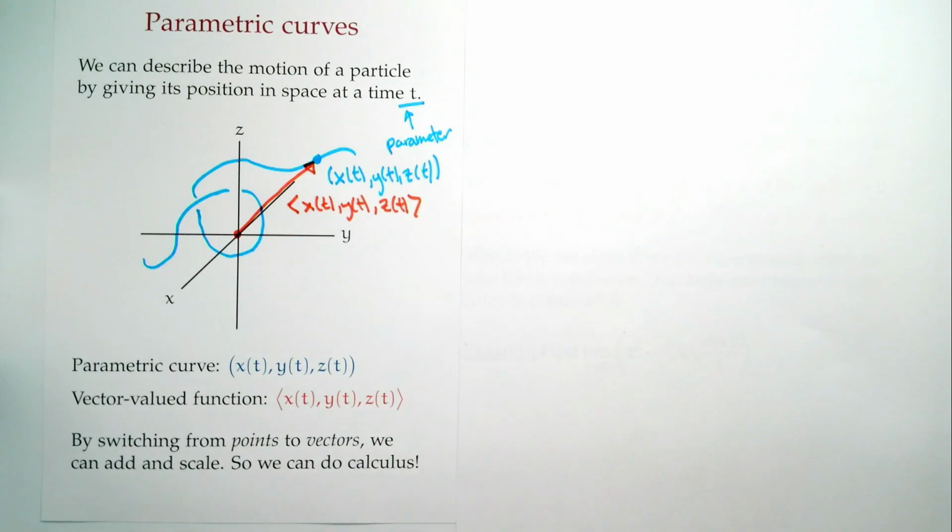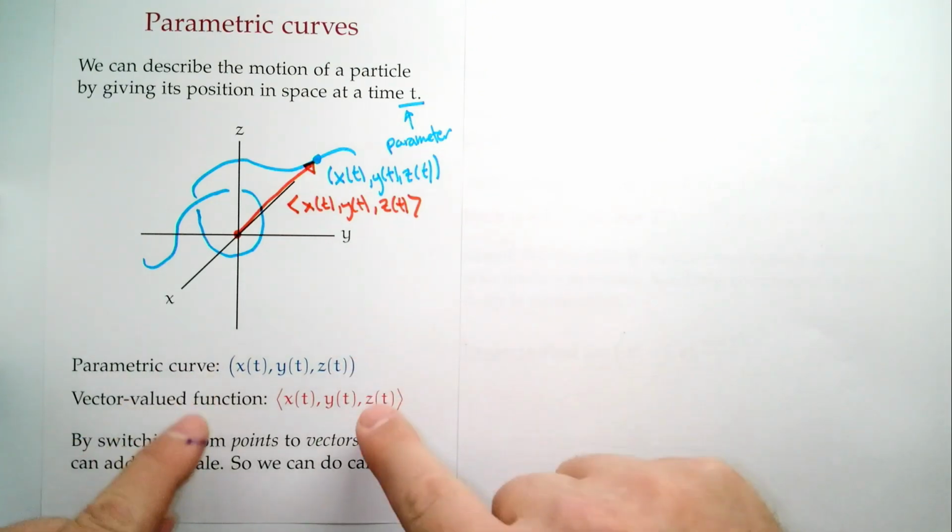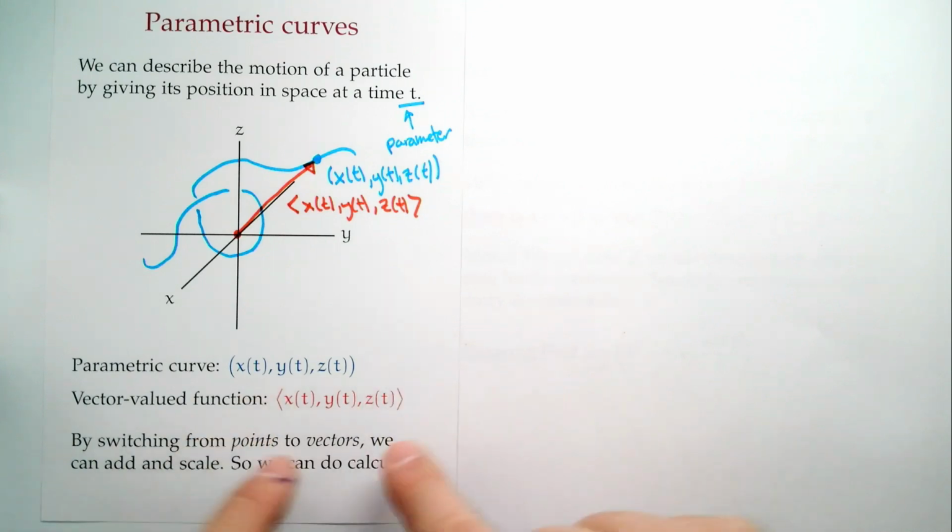So I get x of t, y of t, and z of t. So our very fancy thing was essentially we turned our parentheses into these little angled brackets. And at first glance, it seems like we haven't done much. But see, now with that ability to add and scale, now it's like, woohoo, we can do calculus.